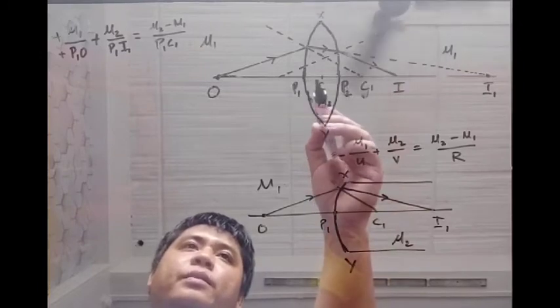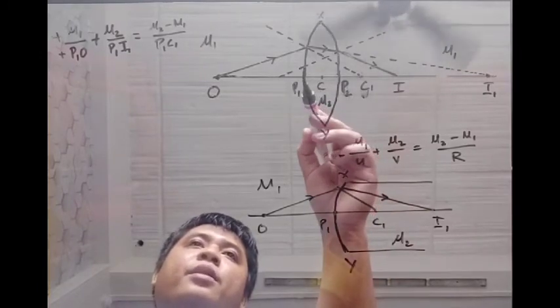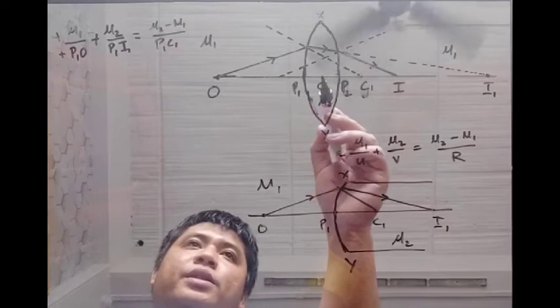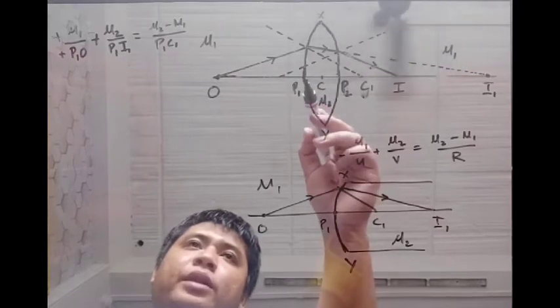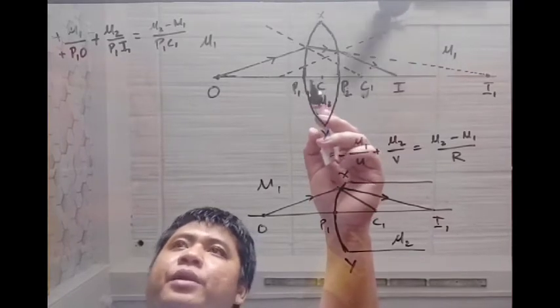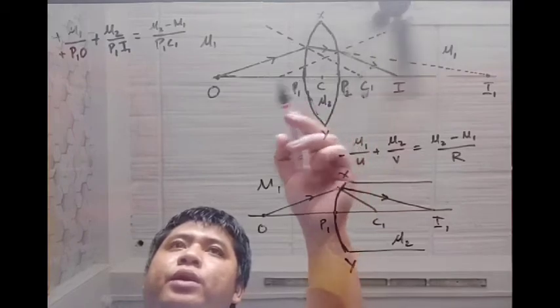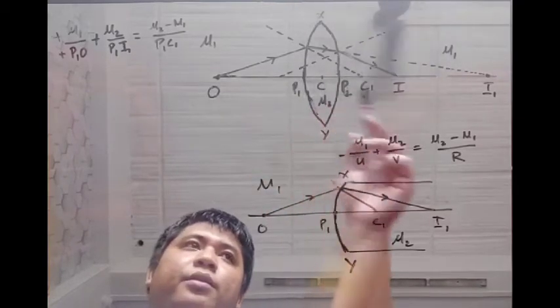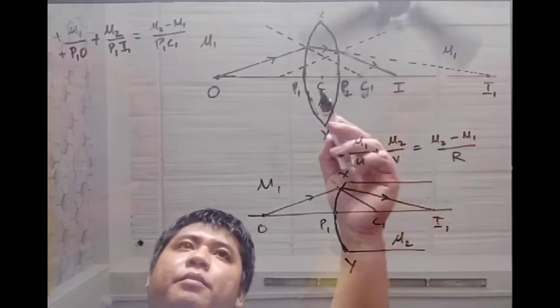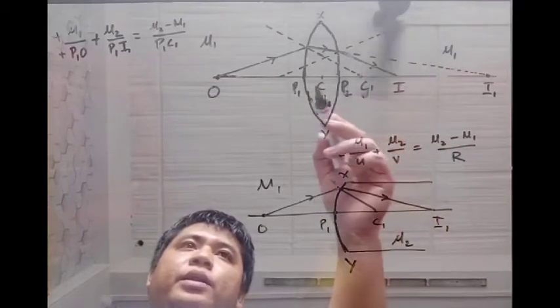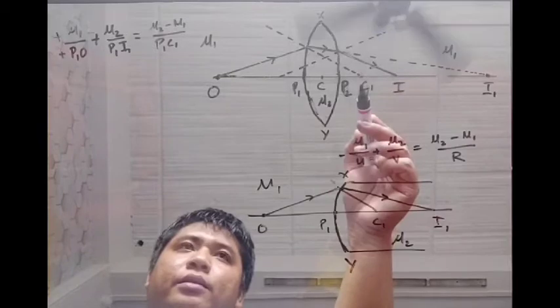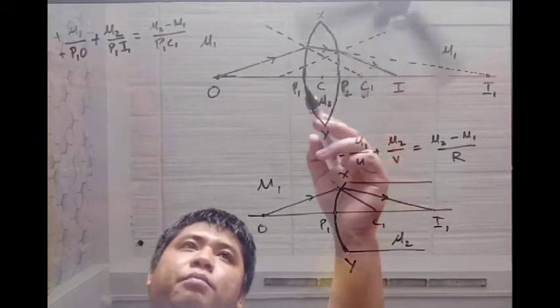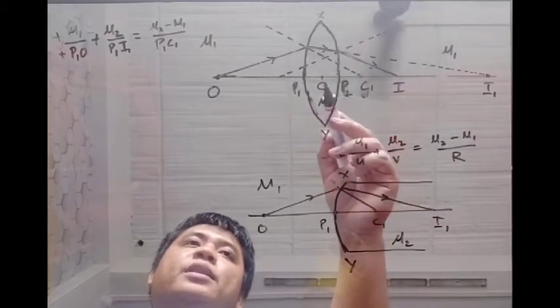If we consider the lens is thin, the distance between P1 and C will be very small and it is negligible. So we can replace P1O with CO, P1I1 with CI1, P1C1 with CC1.